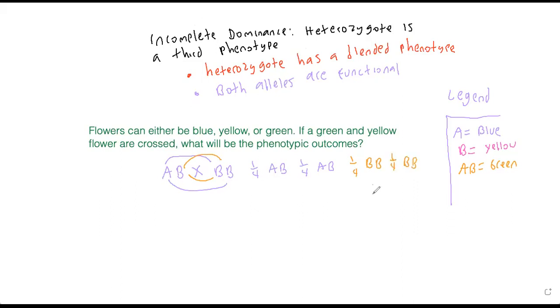And of course, we need to combine like combinations. So 50% chance yellow and 50% chance green.